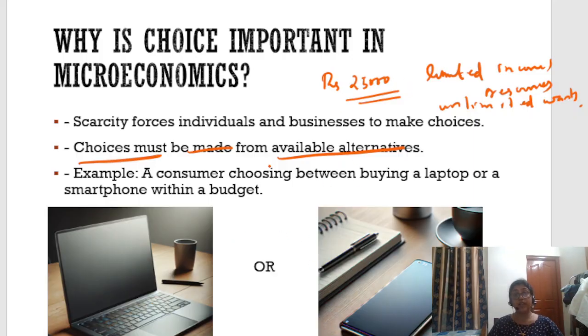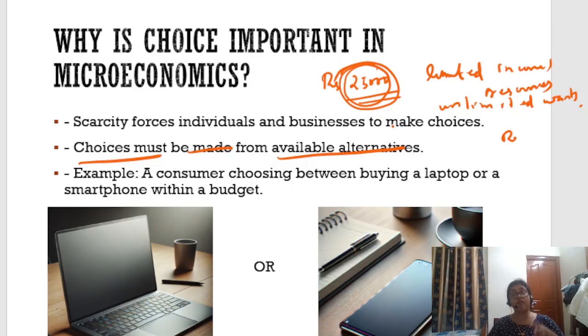There are laptops of rupees 1 lakh, 75,000, 50,000, 25,000. Phones are also 60,000, 25,000. So my available alternatives are laptops under 25,000 or phones under 25,000. I have to choose either one of the objects under the price of rupees 25,000.